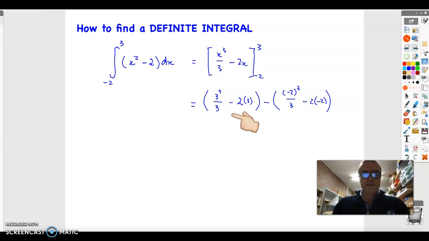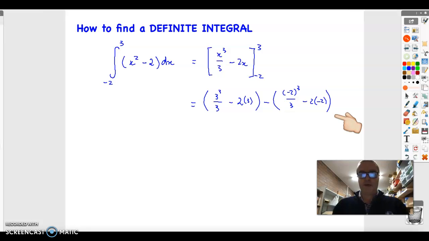This next stage is essentially our F of b minus our F of a, where here's our a and our b. So I've substituted the b value for F of b, 3 cubed over 3 minus 2 times 3. This is our F of a, where a is equal to -2.